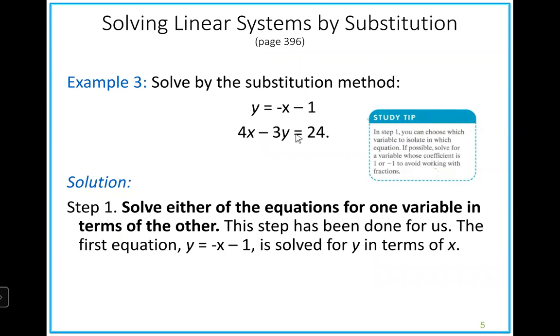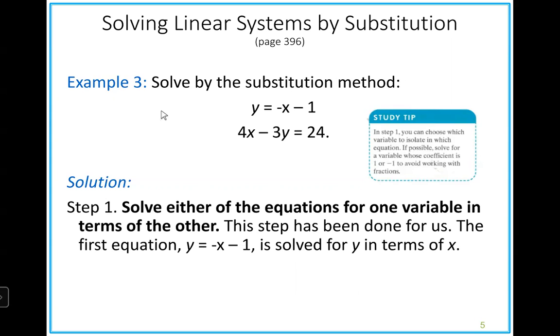This one is not telling you the value for any of the variables. It's saying 4x minus 3y equals 24. So you can skip step 1 because it's already written in a form that's telling you what one of the variables is equal to. It's telling you that y is equal. So if you have an equation that says y is equal to something or x is equal to something, that's already in the form that you could use to substitute into the other equation.